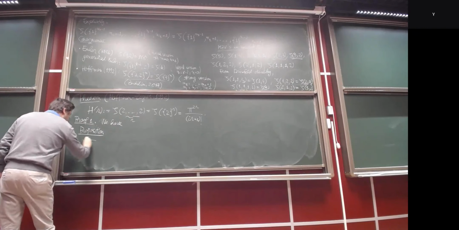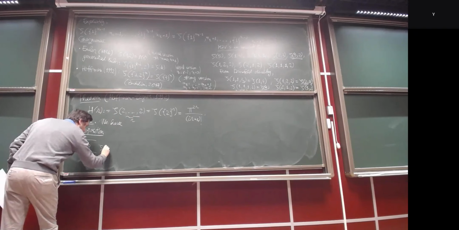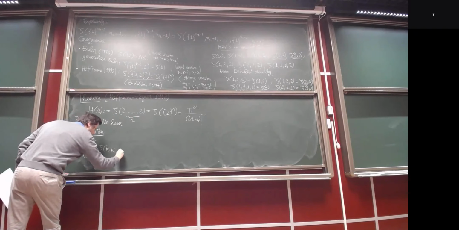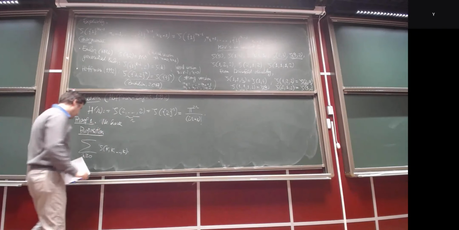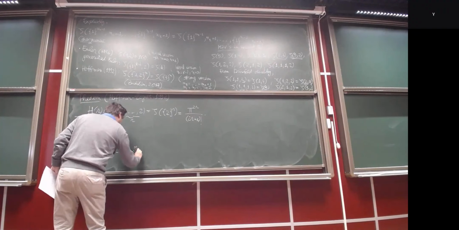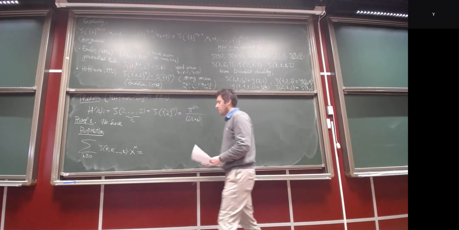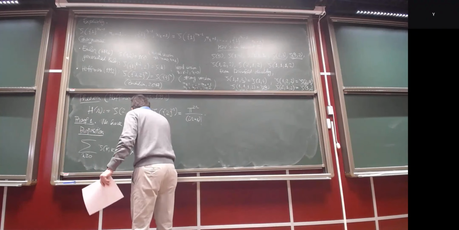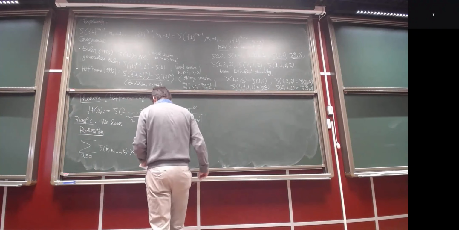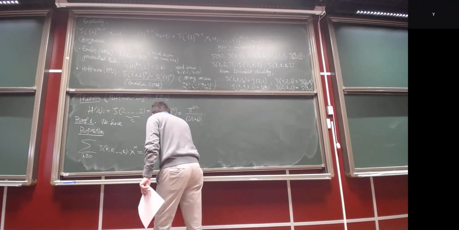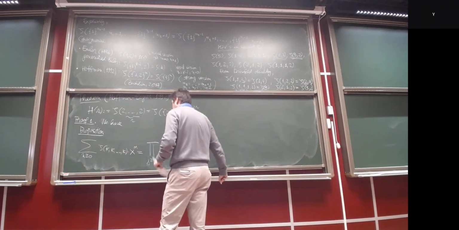So the generating function of zeta of k, k, k, times x to the n, I'm writing in general, this will be equal to the product over all j greater than or equal to 1, an infinite product, of 1 plus x over j to the power k.